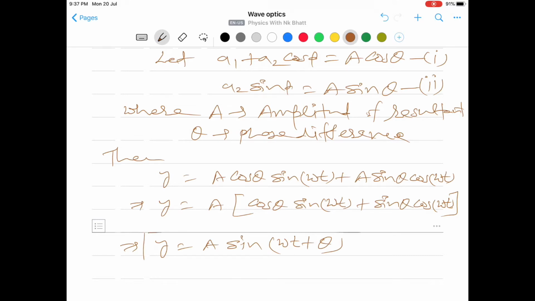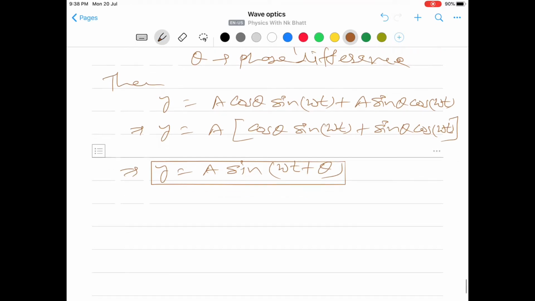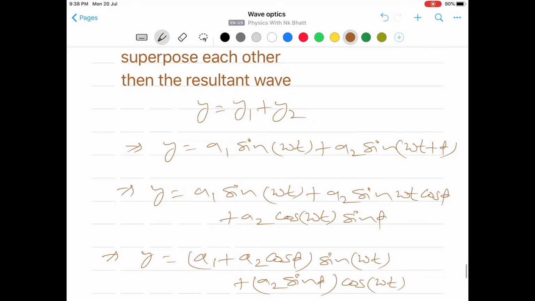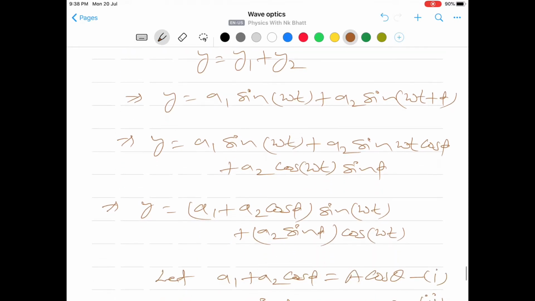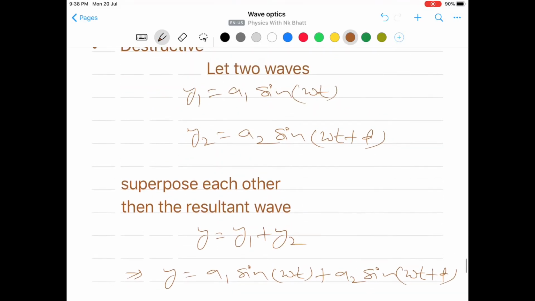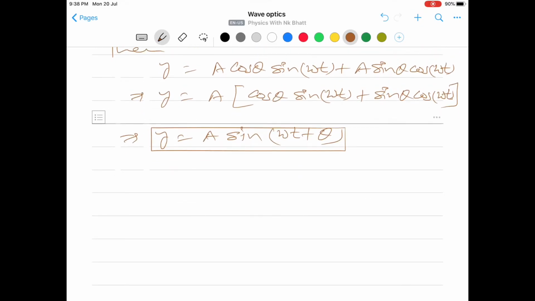So this is the equation of the resultant wave, and this equation is also in the form of the two equations we have taken initially to understand the concept of interference. So y1 is a1 sin omega t and y2 is a2 sin omega t plus phi, and this equation y is equal to a sin omega t plus theta. So here a is the amplitude.